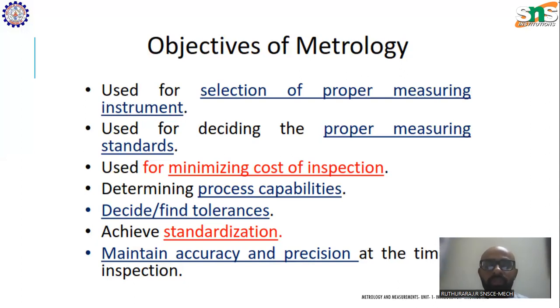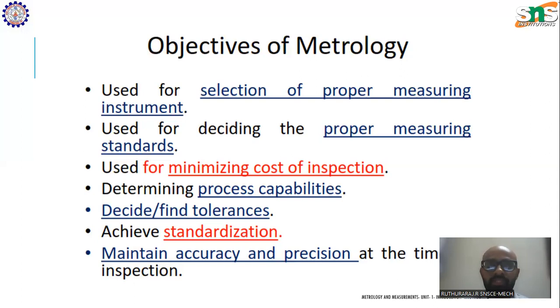That type of error is called parallax error. So those errors are human errors. Similarly, there may be some deviation in the instrument itself. The measuring instrument, if it is used at higher temperature, may expand. Those types of errors you will be considering in the actual measuring process. So you will be fixing a certain limit, a plus or minus value. If the size of the component is 5 centimeter, and the measurement is 4.9 or 5.1, then it is within the acceptable tolerance limit. So that is called fixing the tolerance.